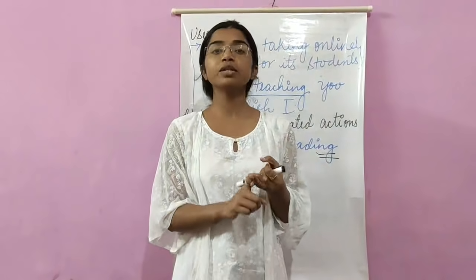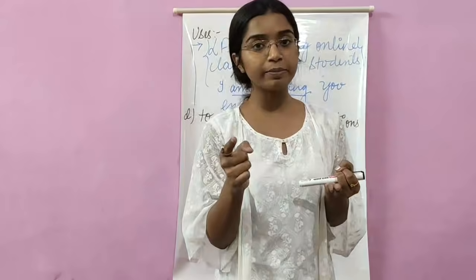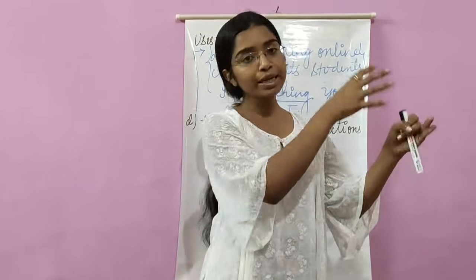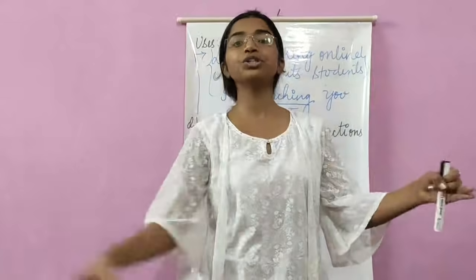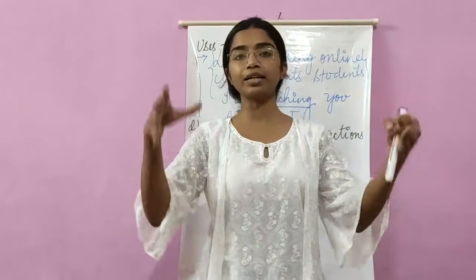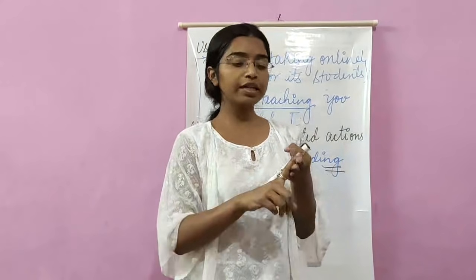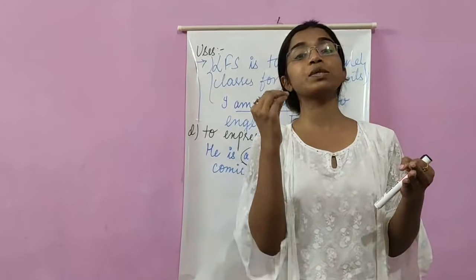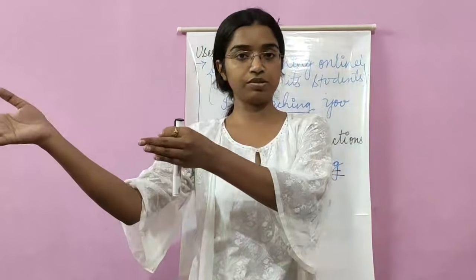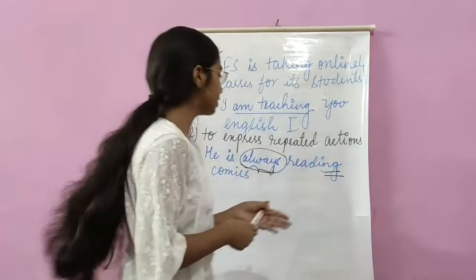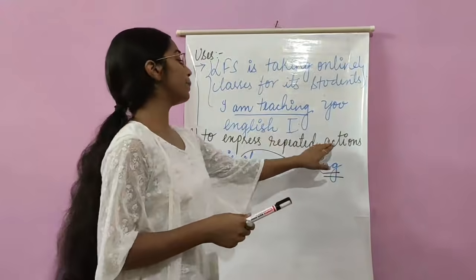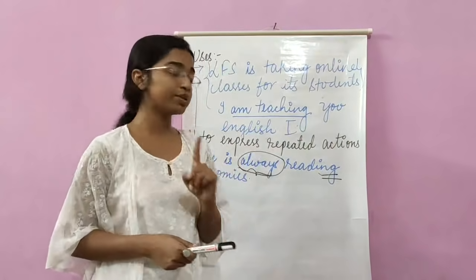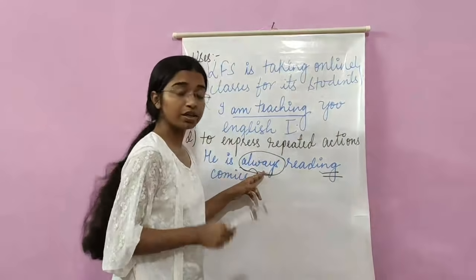The second one is when you want to express something which may not be happening at the time of speaking, but the action is going on at that time, at that moment. The third one is when you want to express a planned action, and the last one is when you want to express a repeated action.